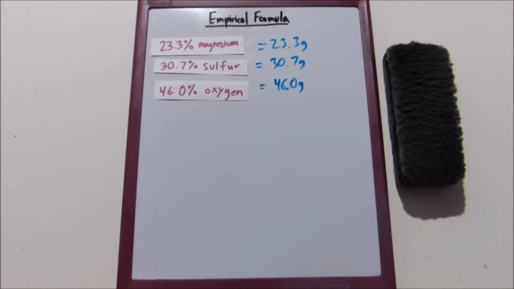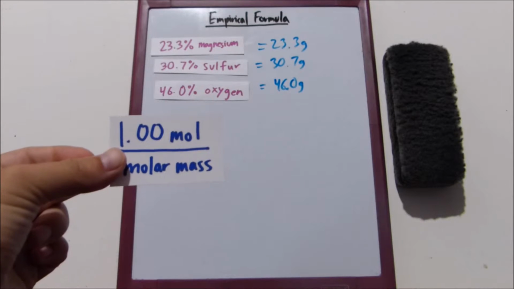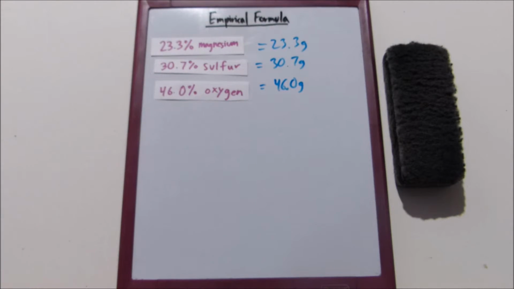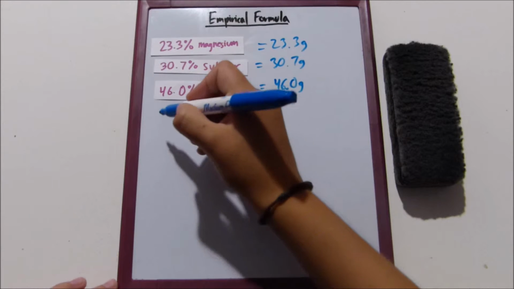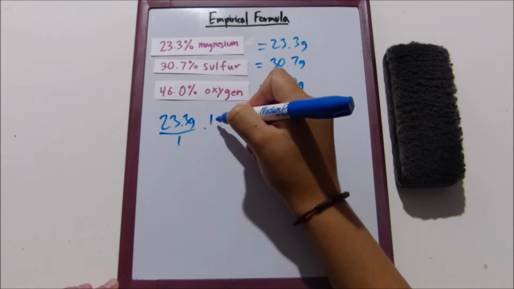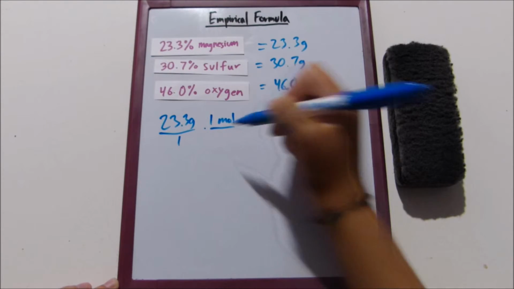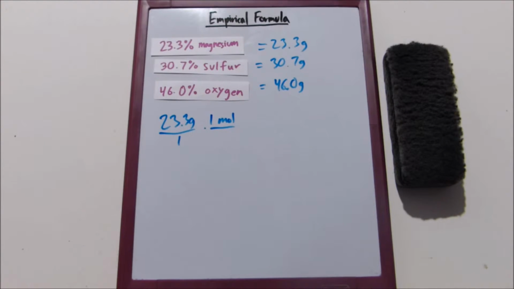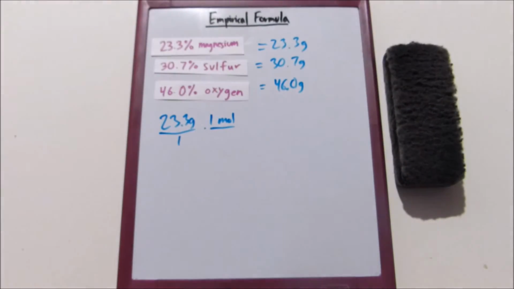So now that we have that, we're going to use this little handy-dandy molar mass to mole conversion thing, and we're going to take our molar masses and convert them. 23.3 grams for 1 times 1 mole, and then at the bottom, we have the molar mass as dictated by our periodic table of elements.